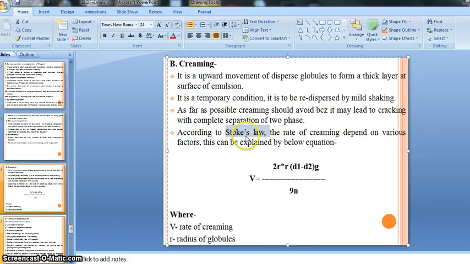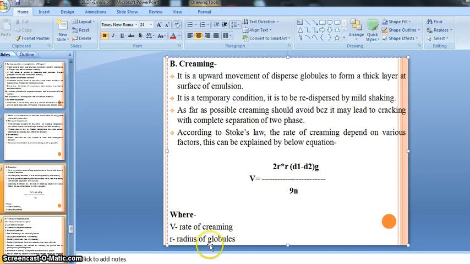So Stokes was a scientist, and he discovered this formula, right? On the basis of this equation, we can determine the rate of creaming. As I said, v is the rate of creaming.